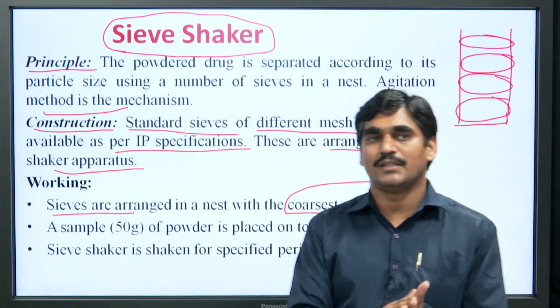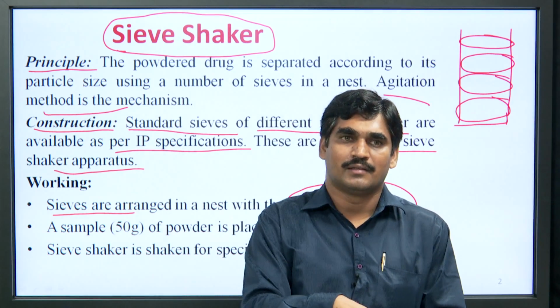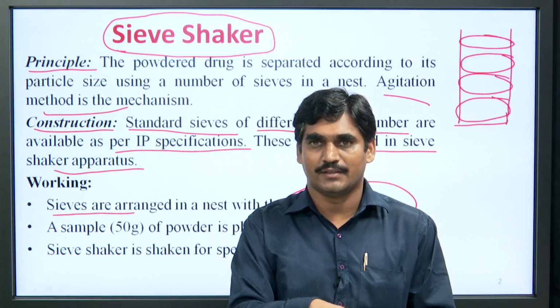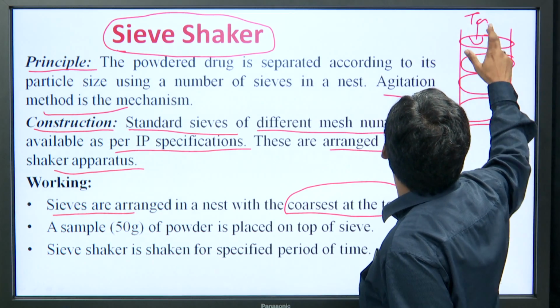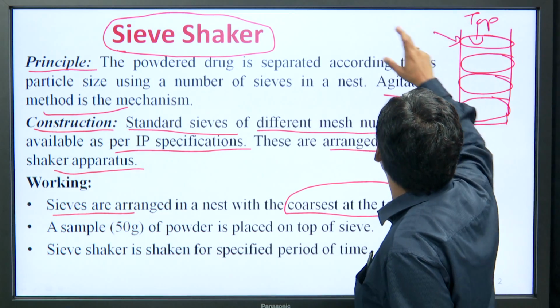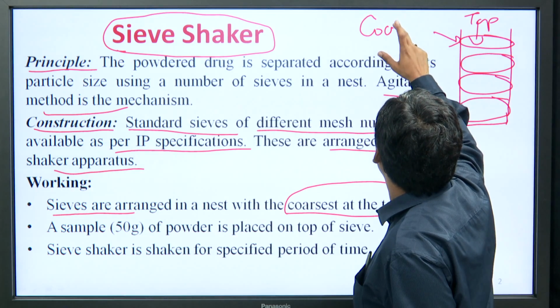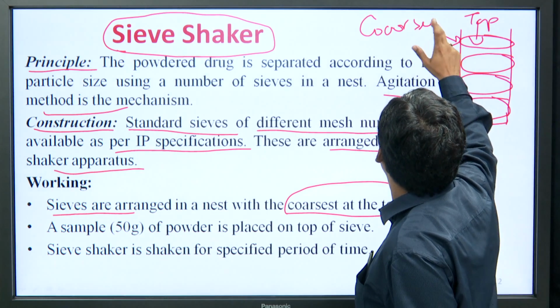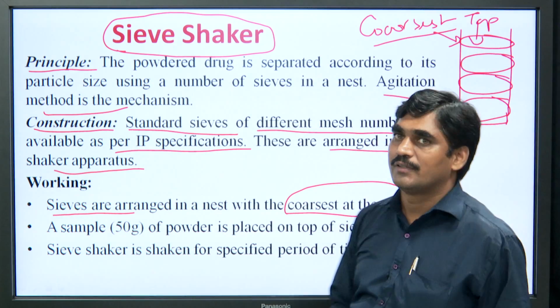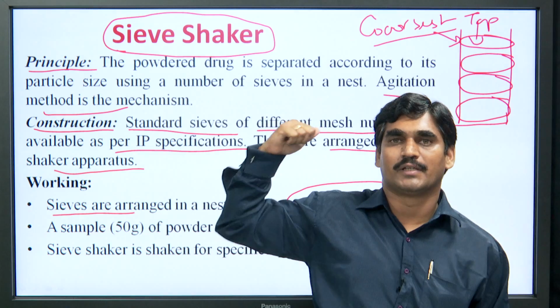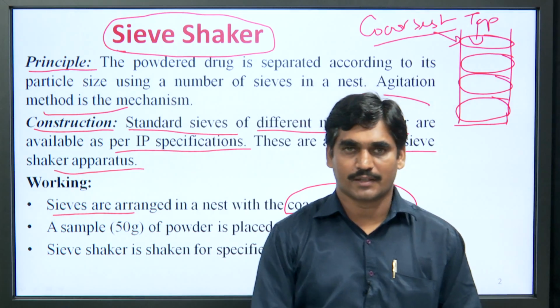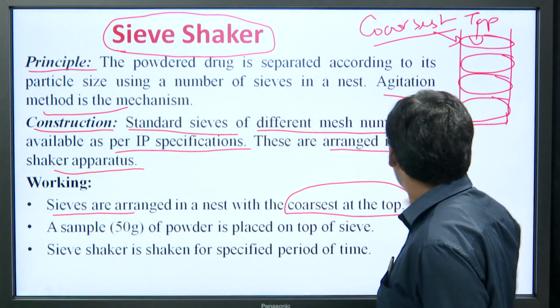That means, the sieve having larger aperture size is kept at the top position. The sieve having the coarsest aperture size is kept at the top of the sieve shaker apparatus.